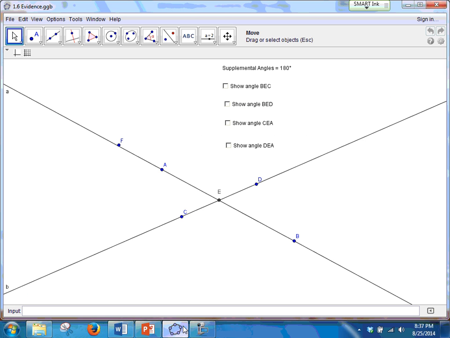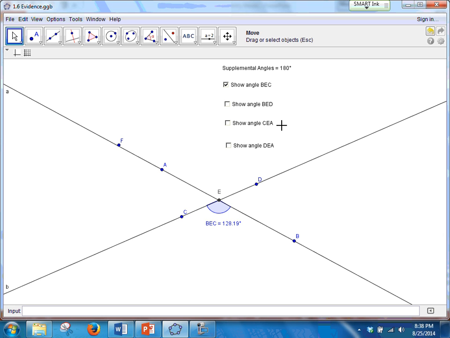So let me pull this up. Okay, so we see here, we can show angle BEC. Oh, I gotta click on the computer. Okay, so there's angle BEC, and it'll actually show you the measurement.